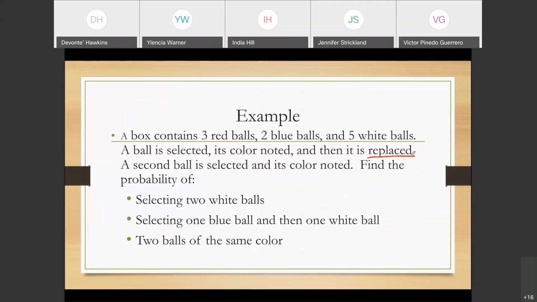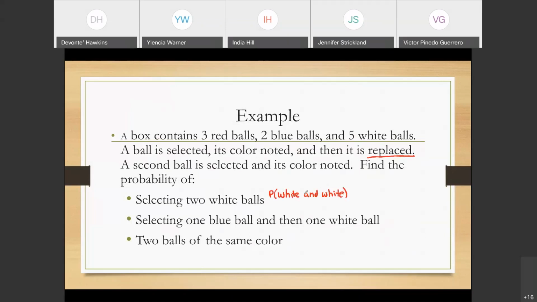So we've got this sequence of events, and when I write it down to work it out, I'm going to write it down with the "and" in between. So I'm going to say white on the first draw, and I want the second one to be white.